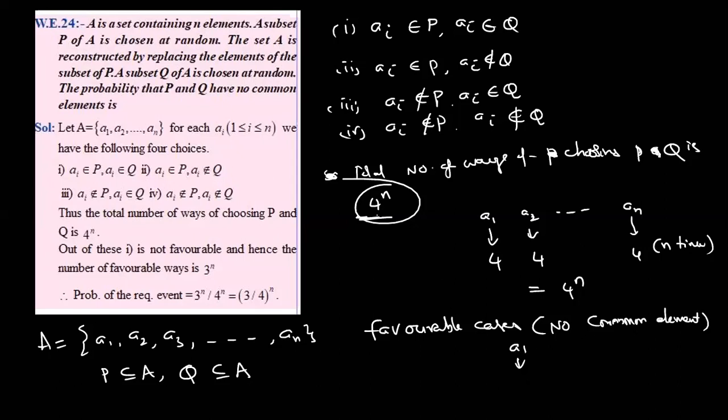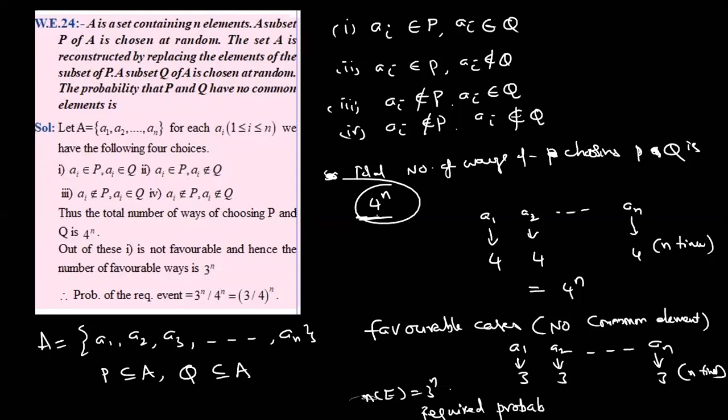Either 2, 3, 4. That means 3 ways. A2, 3 ways. An, 3 ways. So how many times? n times. Therefore, number of favorable cases, directly I'm writing, n(E) is 3 power n. Therefore, required probability is, what is the answer, dear students? 3 power n by 4 power n, that is the answer.